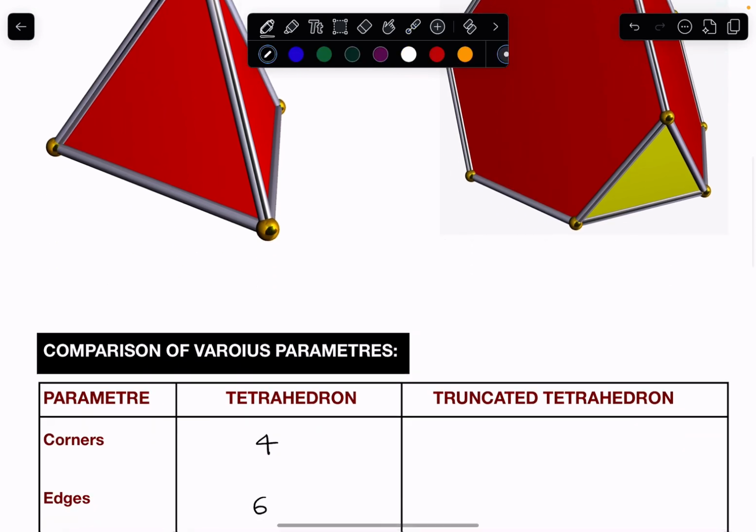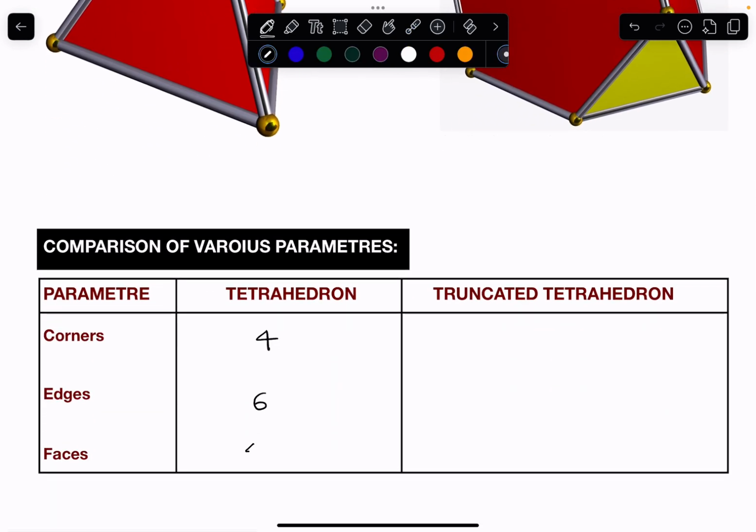So totally there are four triangular faces. The name tetrahedron means it is a polyhedron with four faces. That tetra indicates four. So it is just a coincidence. Corners number is also four, faces number is also four. But here the name tetrahedron is based on number of faces.